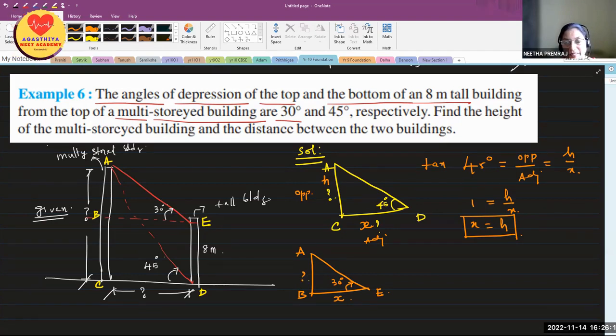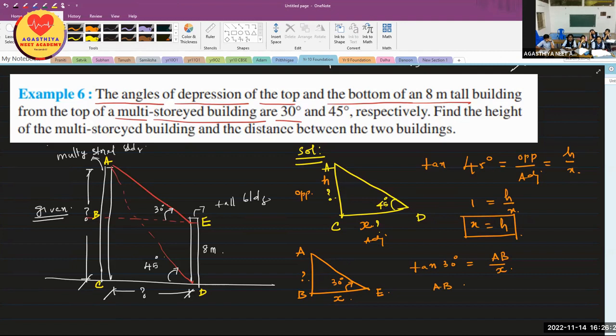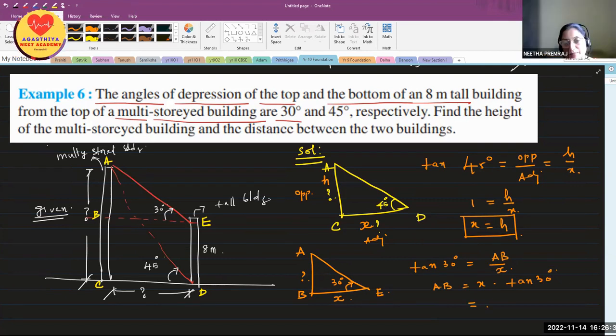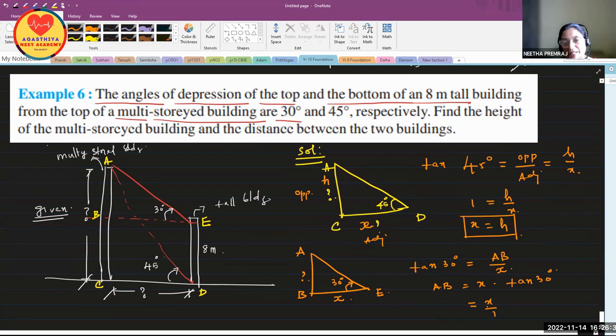Again, you have to apply tan. Tan 30 degrees is equal to AB by X. So AB is equal to X times tan 30. Tan 30 is 1 by root 3, so AB is equal to X by root 3.